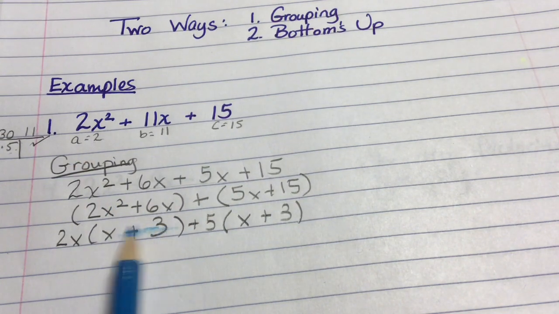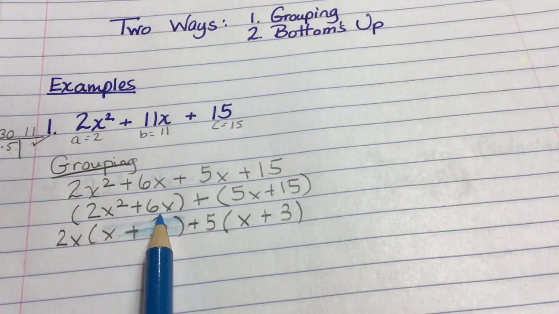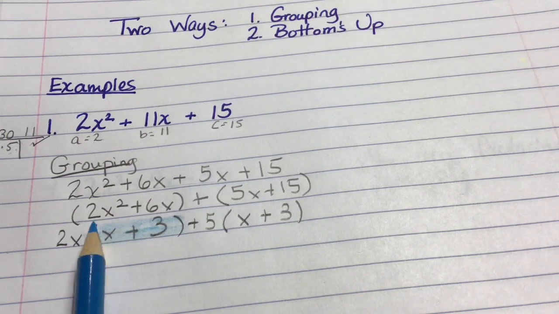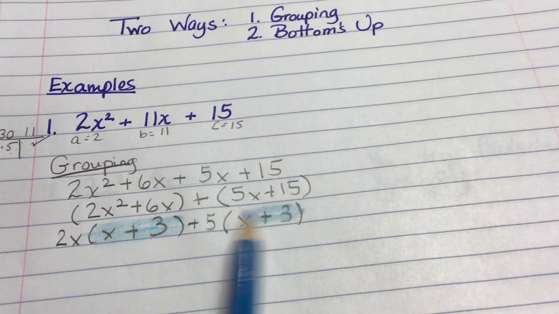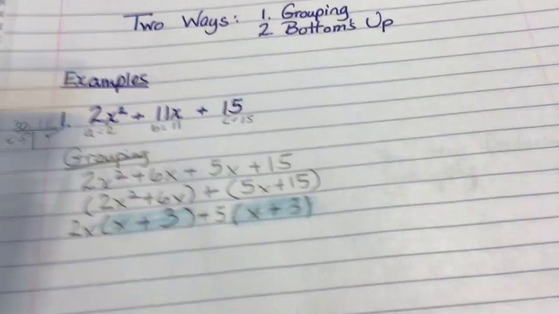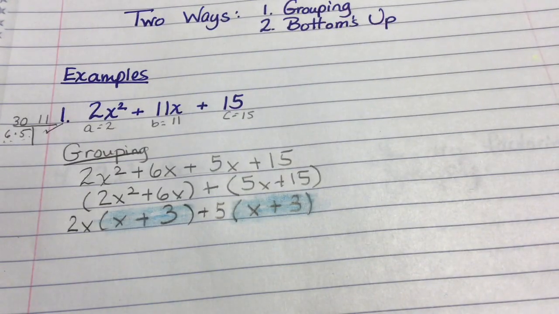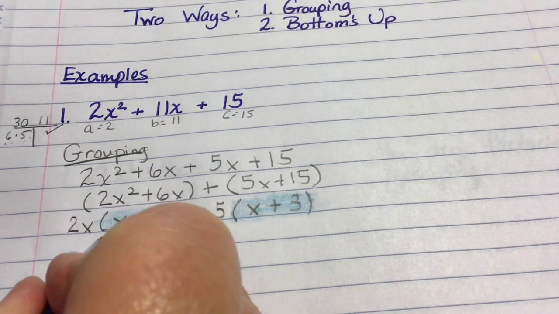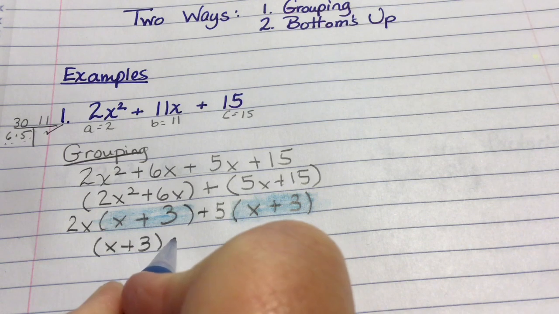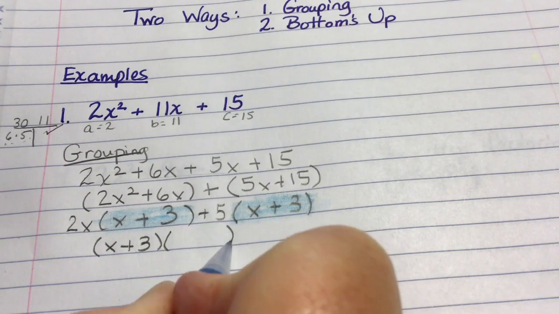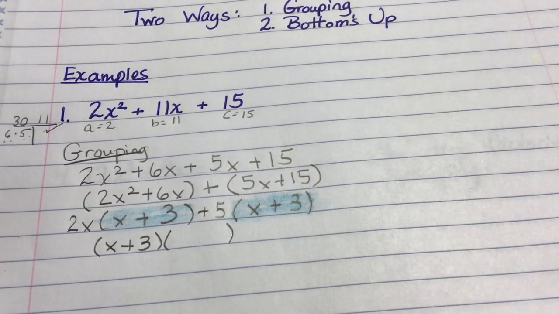That common factor is x plus 3. See, the first term has x plus 3, and the second term has x plus 3. Okay, so we're going to factor out the greatest common factor. Okay, so the greatest common factor is x plus 3. When you remove x plus 3 from this polynomial, what's left?